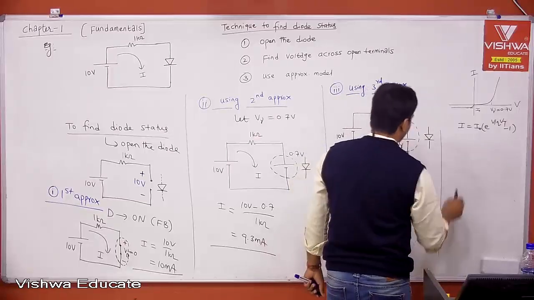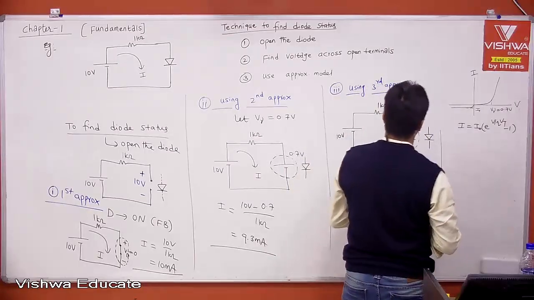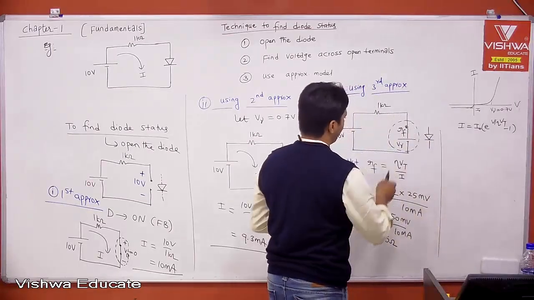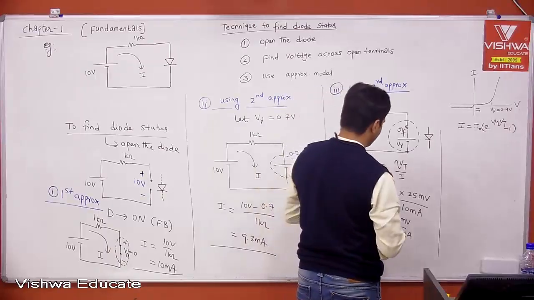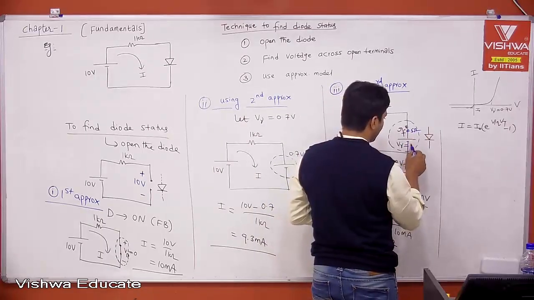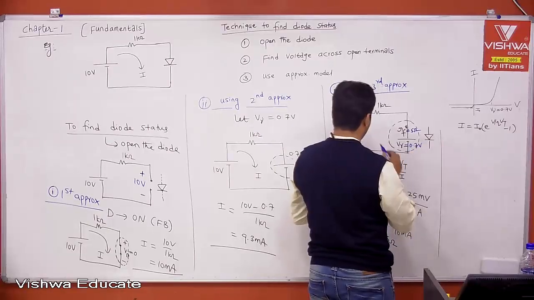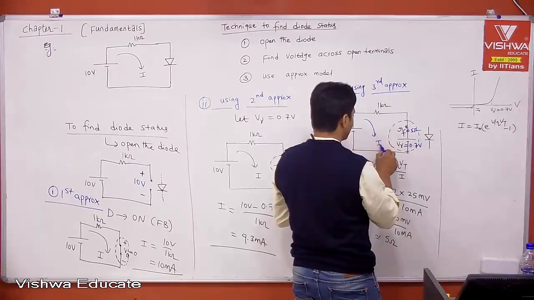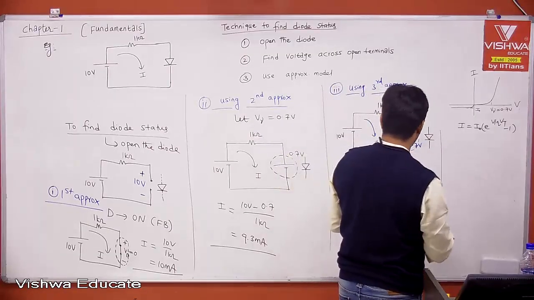Then what is your circuit? RF is equal to 5 ohm, and V gamma is equal to 0.7. Then what is the current? I want to know the current.